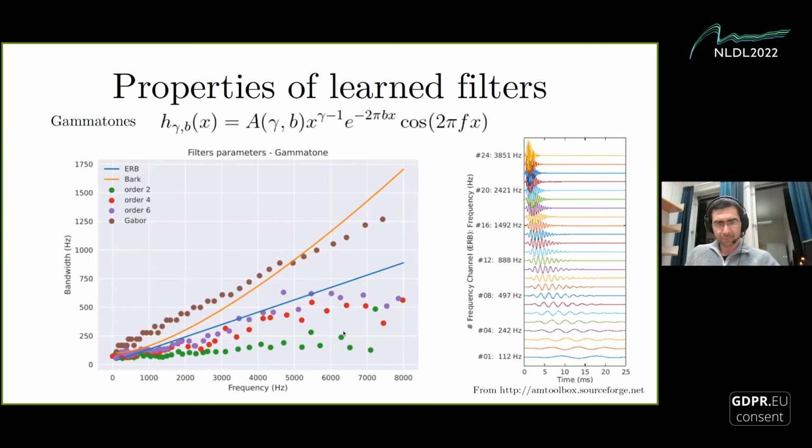And if we look at the plot on the left, the frequency versus bandwidth, you have, let's say, two solid lines, the blue and the orange.